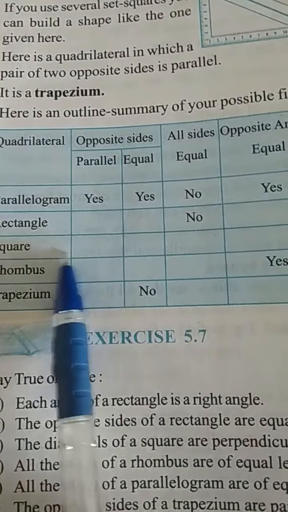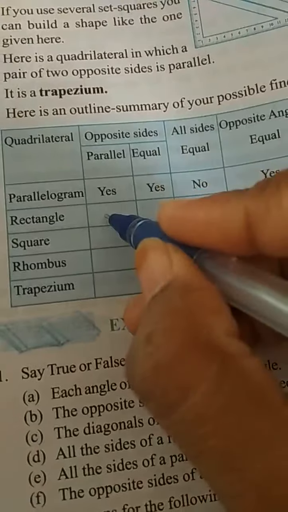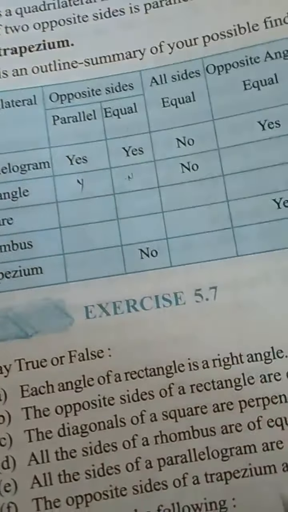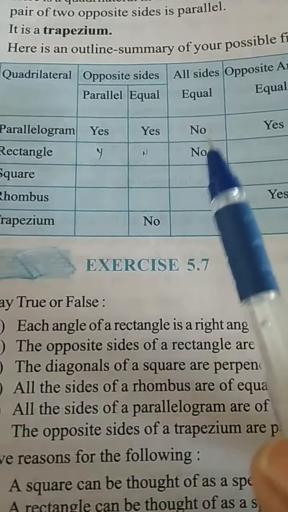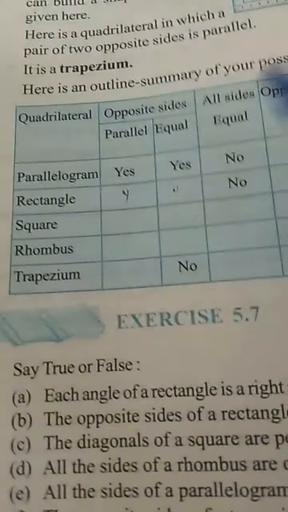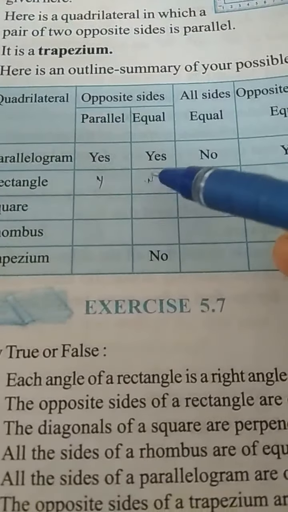Rectangle: parallel, yes. Equal, yes. All sides equal, no. Sorry, opposite sides are equal, yes.